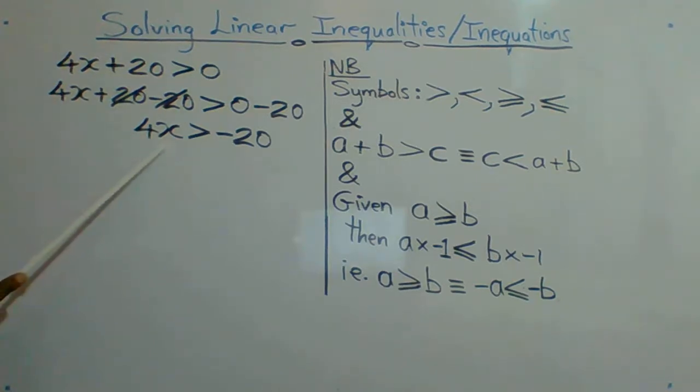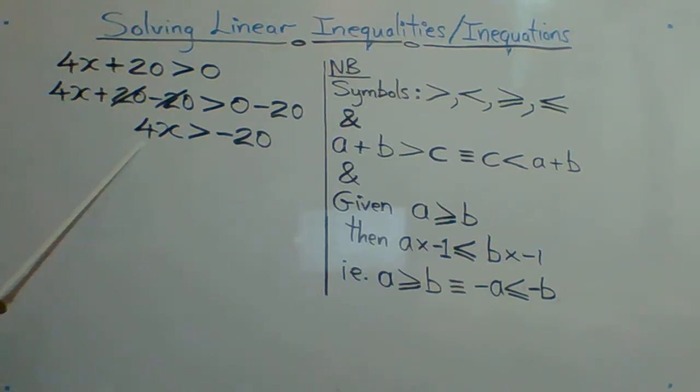Now, in this case, we need to solve for x, which is 1x. And to get 1x out of 4x, we need to divide by 4. In other words, the opposite of times 4 is divide by 4.